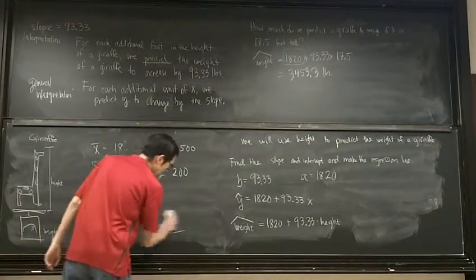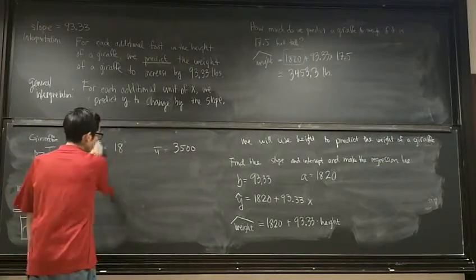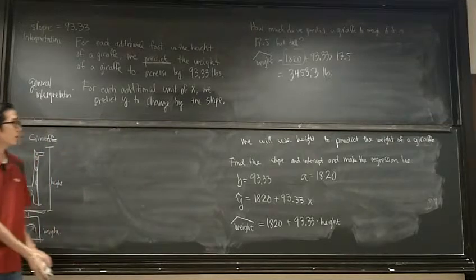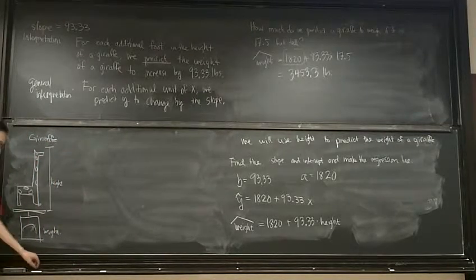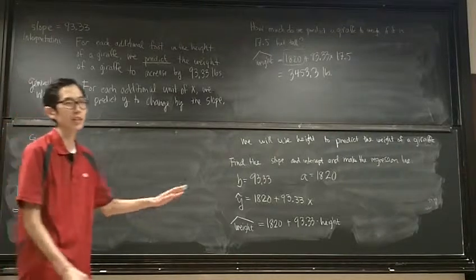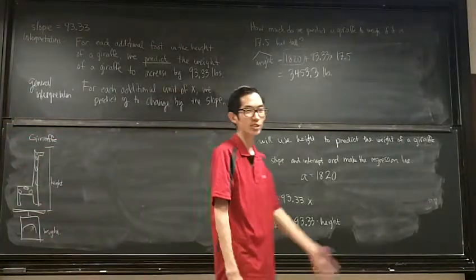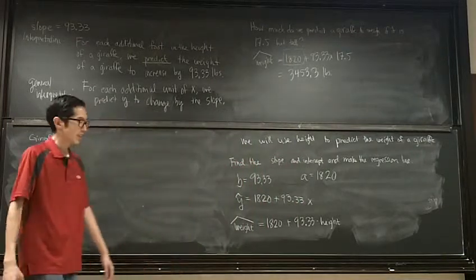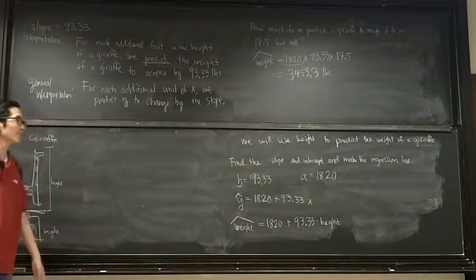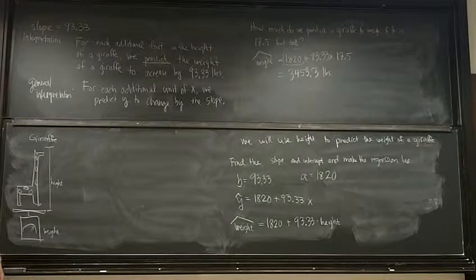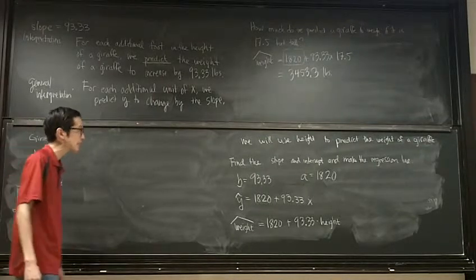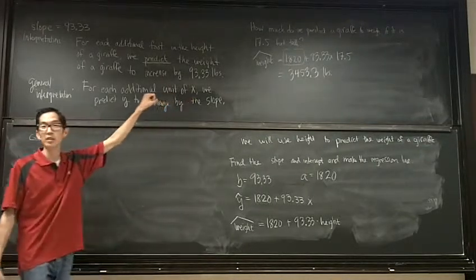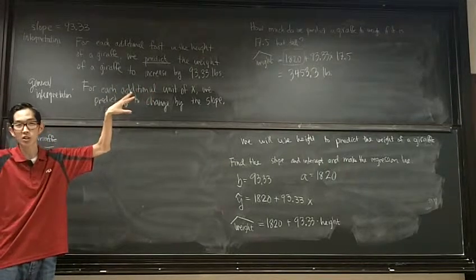So that means we predict a giraffe to weigh 1,820 pounds if it was 0 feet tall. That doesn't make sense. You can't have a giraffe that's 0 feet tall. It's a non-existent giraffe. And it clearly doesn't make sense that a non-existent giraffe would weigh 1,820 pounds.